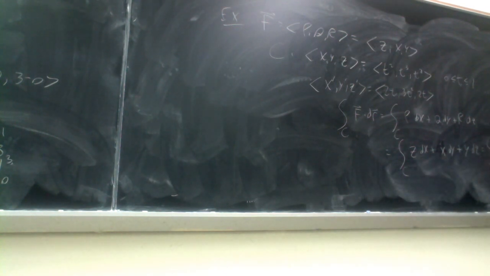So from 0 to 1 in t, z is t squared, dx, so that's x prime, which is 2t, plus x, which is t squared, dy, which is 3t squared, plus y, which is t cubed, z prime is 2t, dt.